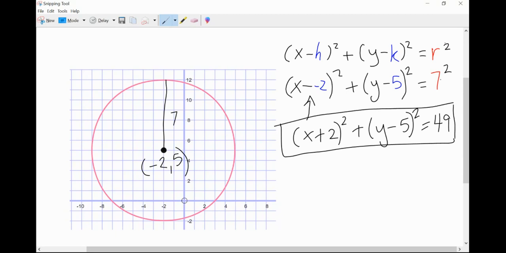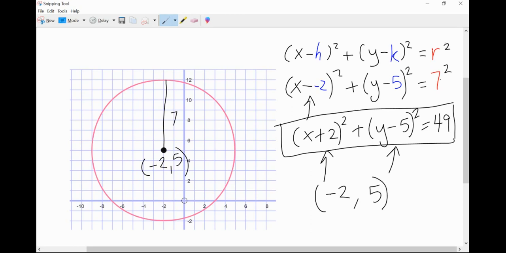Now, let's just take a look at a few things here. Okay, notice that our center is -2, 5, but yet here we have +2. So the center is at -2, but here we have +2. And also the center is at +5, but here we have -5.